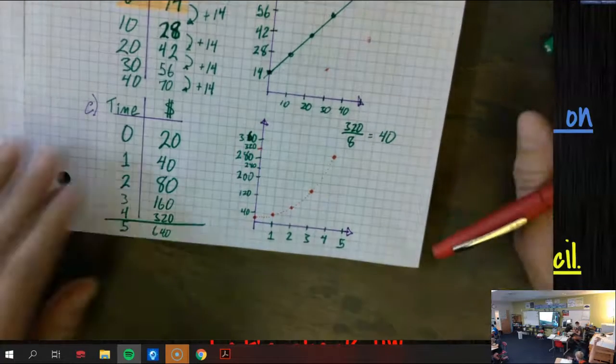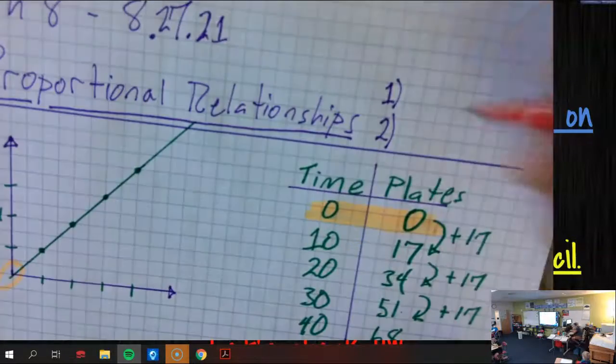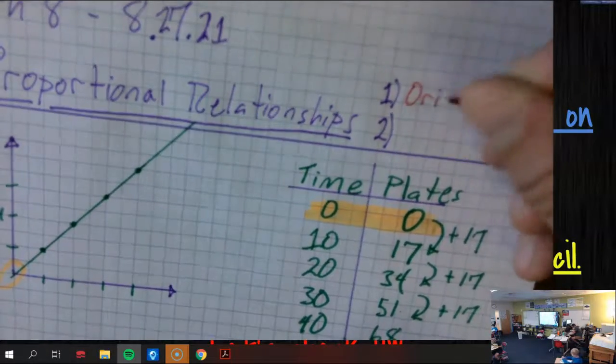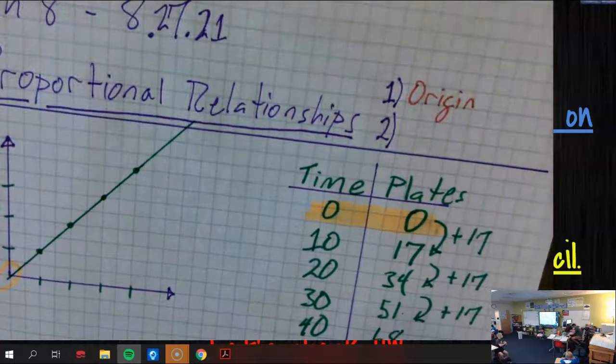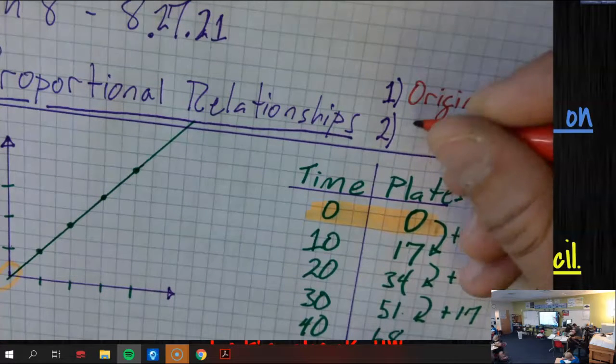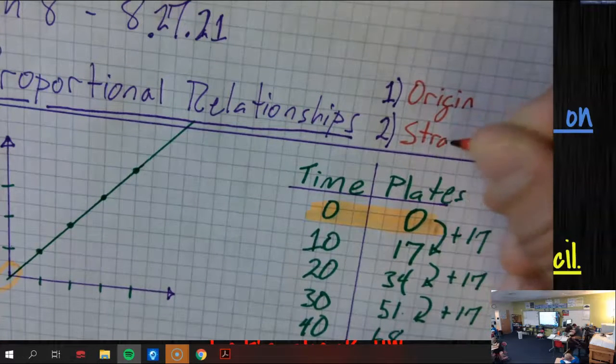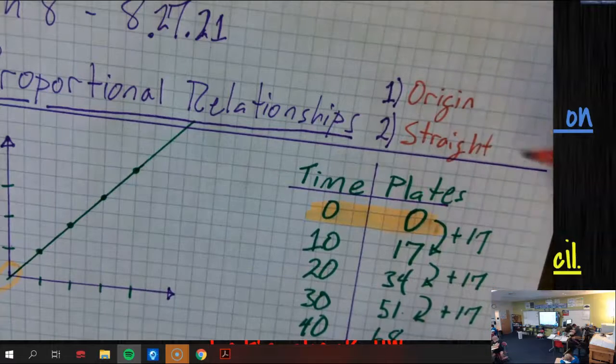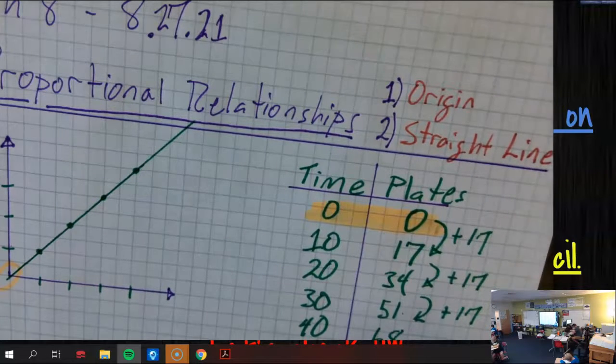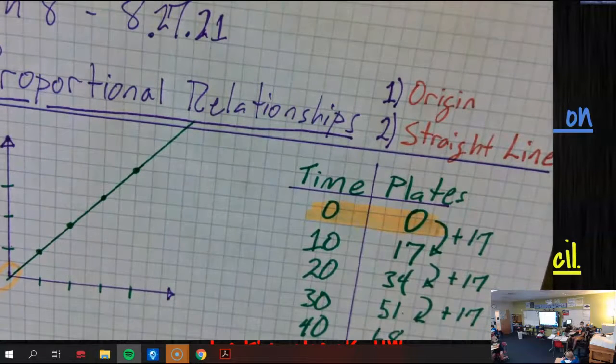Because it starts at 0 and then is straight forever. The 2 things you need to be proportional are the origin point and a straight line. It cannot curve, cannot change its angle.